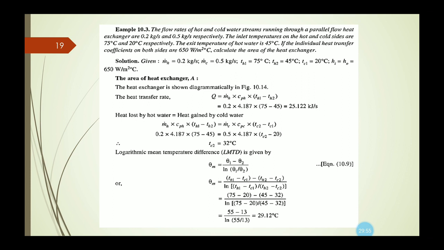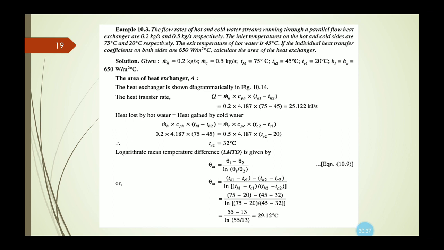The mass flow rate for the hot fluid is given as 0.2, and the specific heat for the hot fluid, in case of water, is a constant value that may not be given in the numerical, so we need to remember it, which equals 4.187 in case of water. The temperatures at the inlet and outlet of the hot fluid are given as 75 and 45. So we can put all these values in this equation of the heat transfer rate considering the hot fluid, and it comes as 25.12 kilojoule per second.